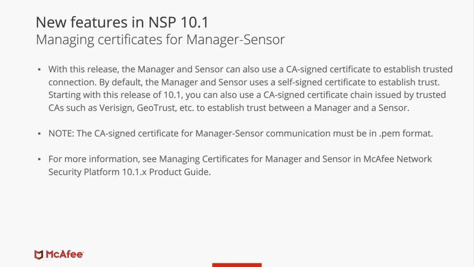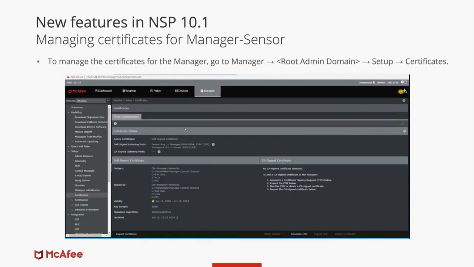For the certificate used by the manager, you can go under Manager, Setup, Certification and generate a CSR, then have it signed by your CA of choice to import back into the manager to replace the cert used by the manager on 8501, 8504, 8510.